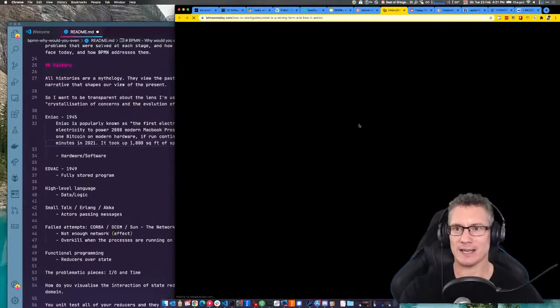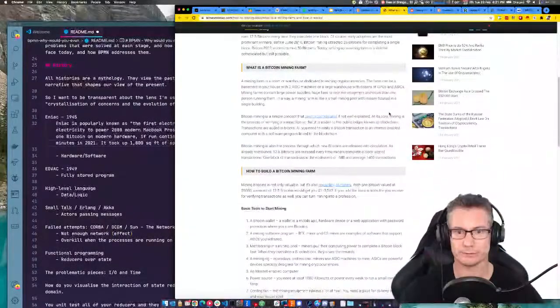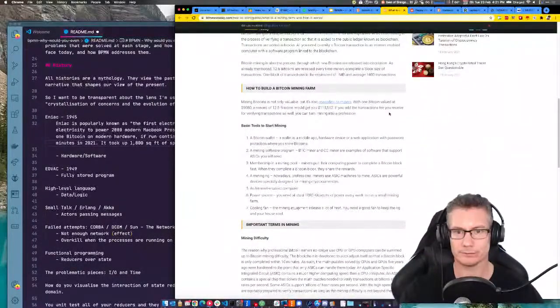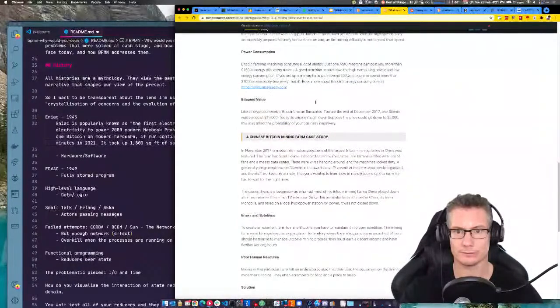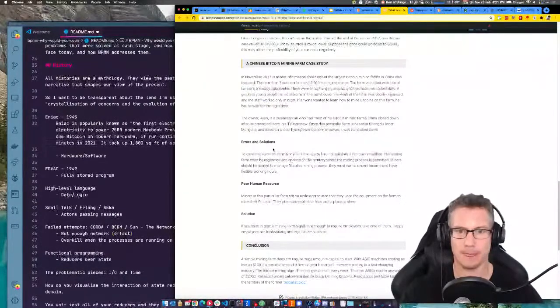A farm with 3 data centers. Power consumption. Here we go.